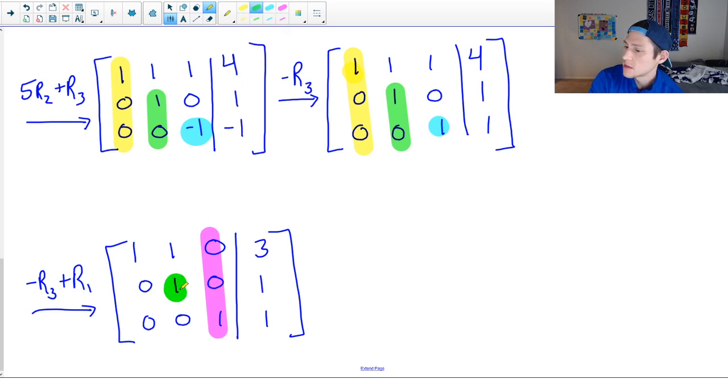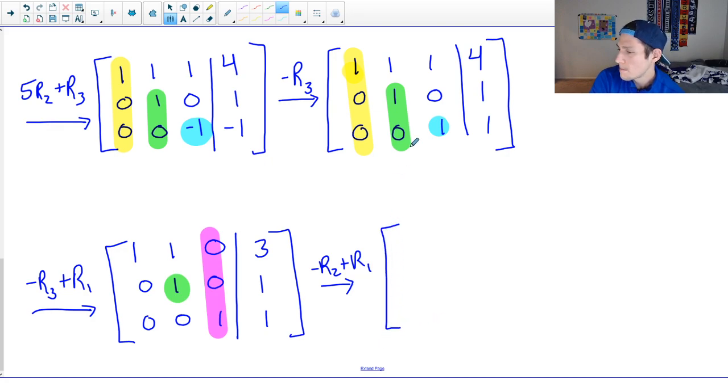So now we'll move over to this column. So I have a 1 here. I just want to get 0 above that. So what do we add to 1 to make 0? -1. So negative row 2 plus row 1.